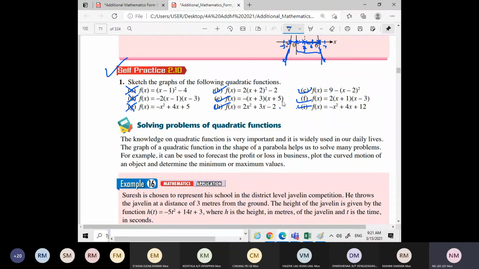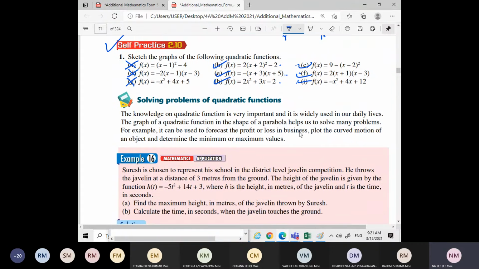These two are general form, one smiling face, one sad face. These two are in intercept form, so one smiling face, one sad face, same thing. These two are in the vertex form or the completing the square form, same thing, this is a smiling face, this is a sad face. So that's why you have these 6 questions to do. I still have time. So I think today I will be able to finish this chapter.